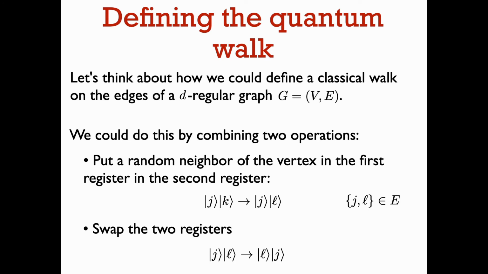Remember that our interpretation of being in the state j tensor k is that we are currently at vertex j and came from vertex k. Let's think about how we could do a step of a classical random walk using this syntax. We could first put a random neighbor of the vertex in the first register into the second register, and then we could swap the two registers.